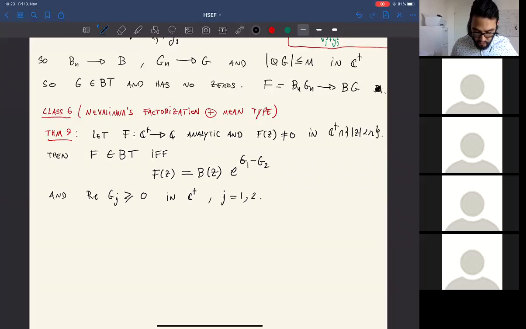Okay, so before I prove that's the Nevanlinna factorization, let me write it in the way de Branges writes in the book. So we know that G_j having a non-negative real part, we know by Poisson's representation that it has a specific form, let me write it explicitly.